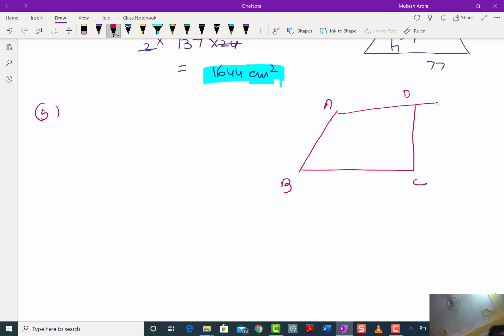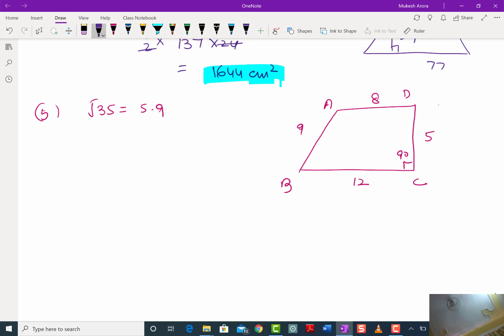Angle C is 90, AB is 9, BC is 12 and CD is 5 and AD is 8. Find the area, and given is the value of under root 35 is equal to 5.9.